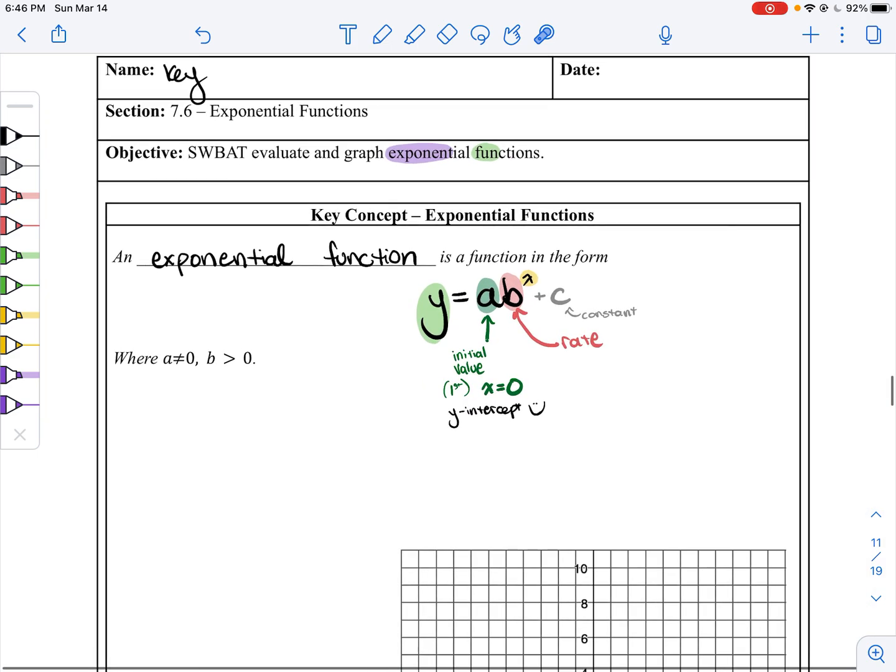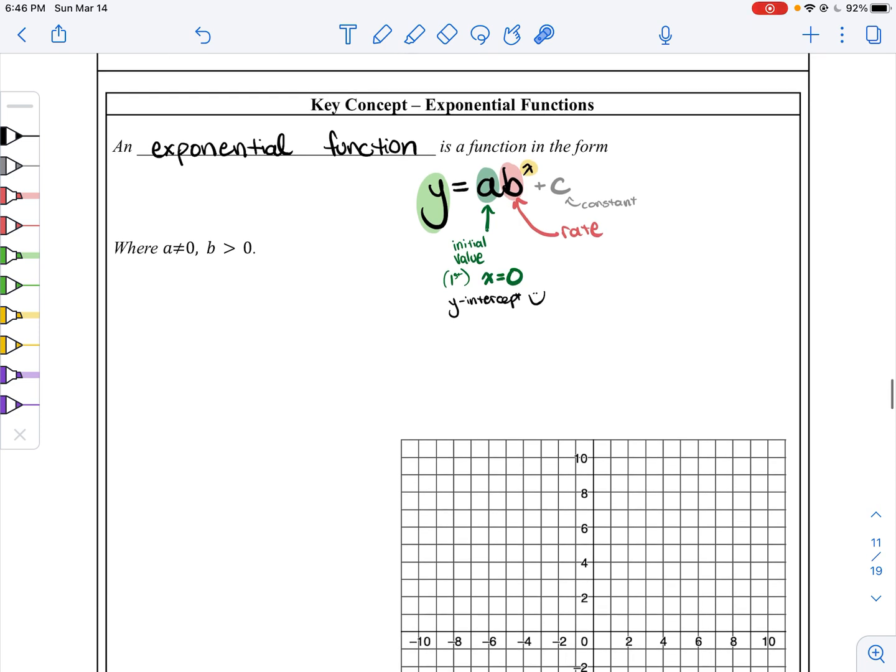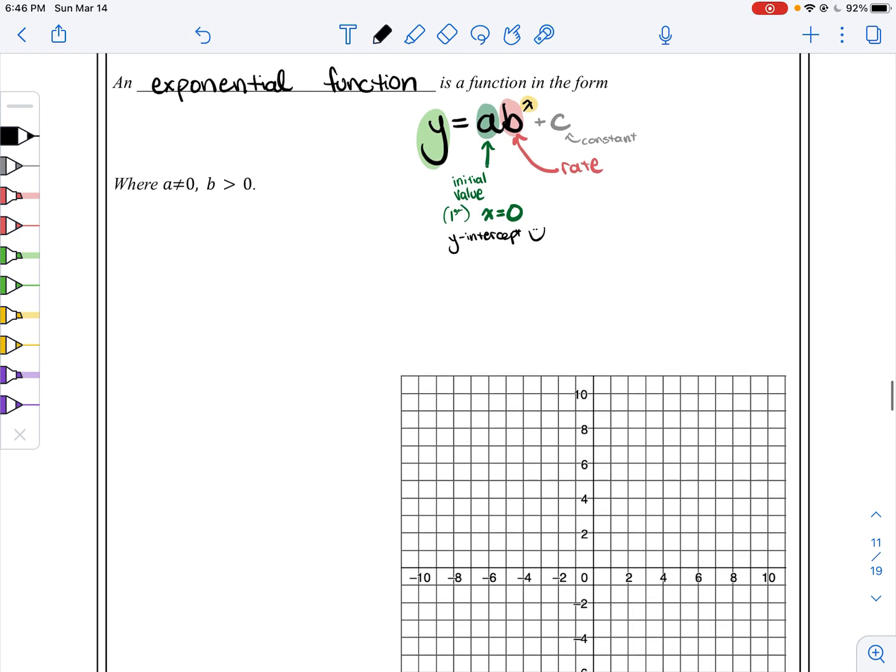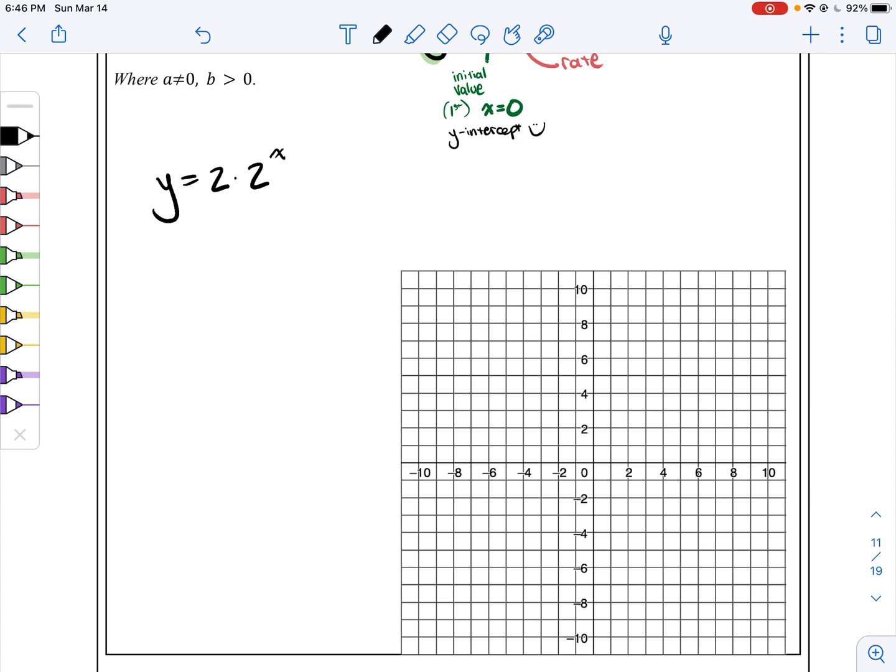Okay. So what this looks like is, let's say you have some function y equals 2 times 2 to the xth power. Let's do it the long way, and then I'll show you the shortcut.